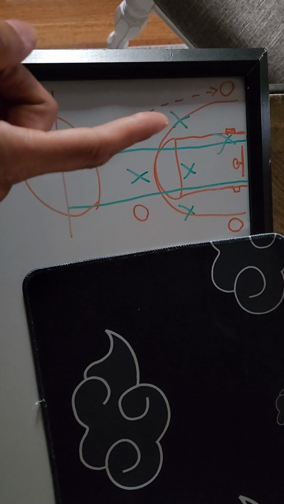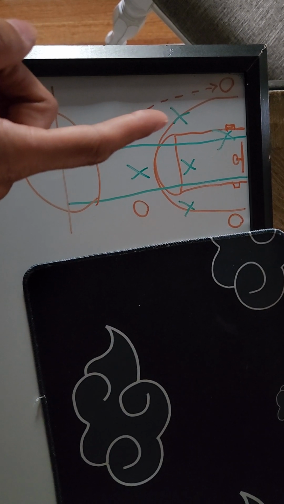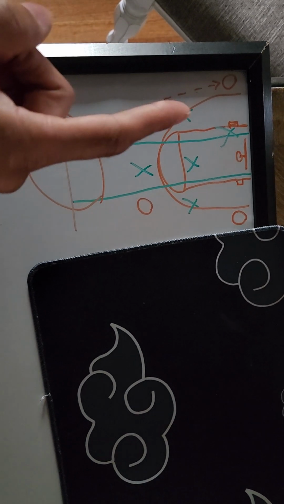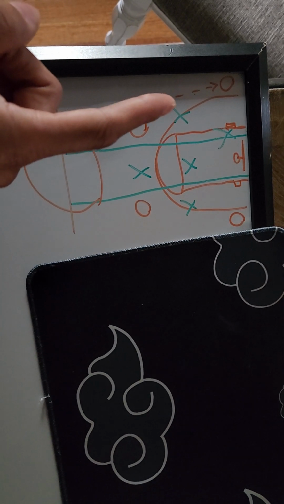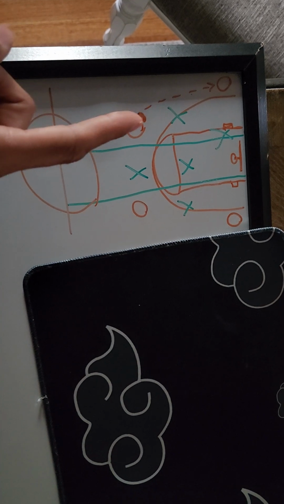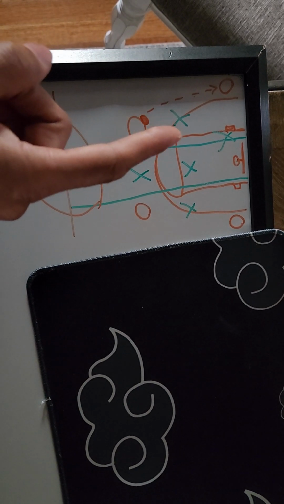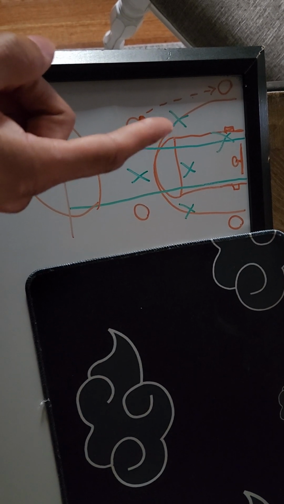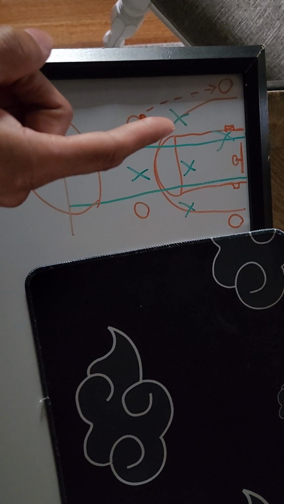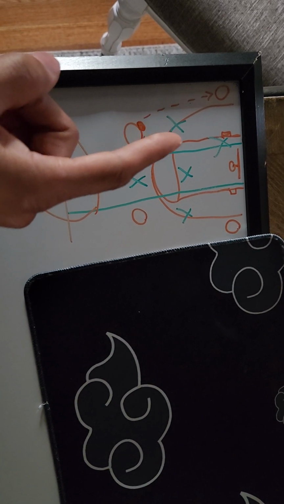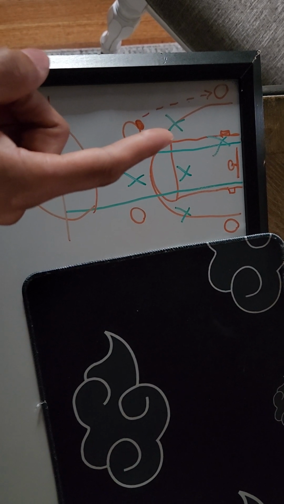The wing is responsible for playing in between the ball and the next defender. So he will be more over here when the ball's here, he's guarding up. When the ball swings, he then shifts in more towards the elbow section here. So he's going from playing on the ball, to shifting to the corner, to the elbow.